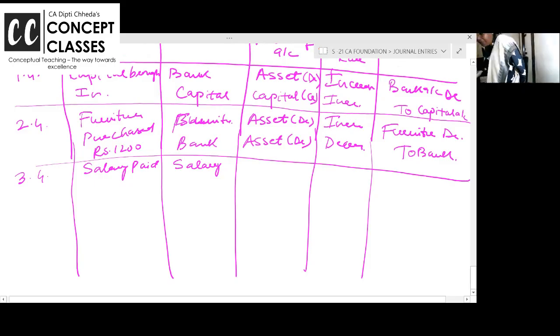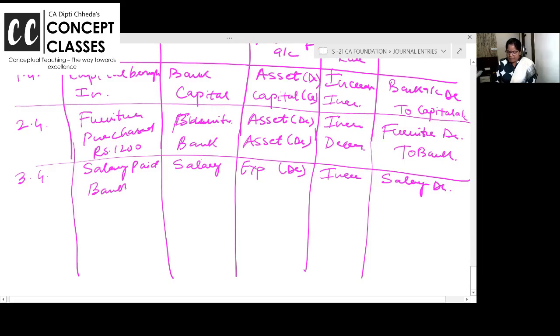When you pay salary, the account involved is salary. It's an expense. What is the nature of expense? Debit. More salary, more debit. So salary expense is increasing. So salary account debit. And if you go traditional, debit all expenses, credit all incomes.